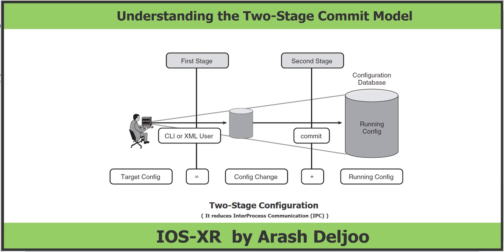Actually, the target configuration is effectively the cumulative result of the current running configuration with the user-entered configuration. In other words, it is the user-intended configuration if the user were to commit the entered configuration changes. Each user has its own unique target configuration that is not visible to others.